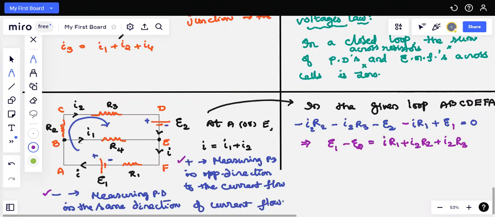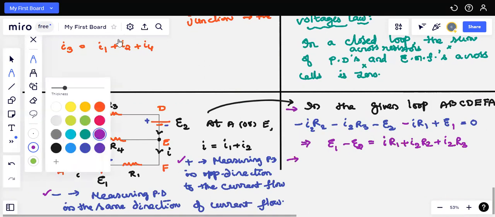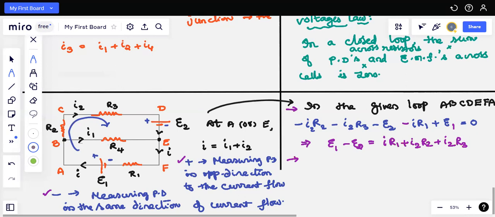Same thing now, you try. Next one, in which loop? If you see here, in the loop, which loop am I selecting here?